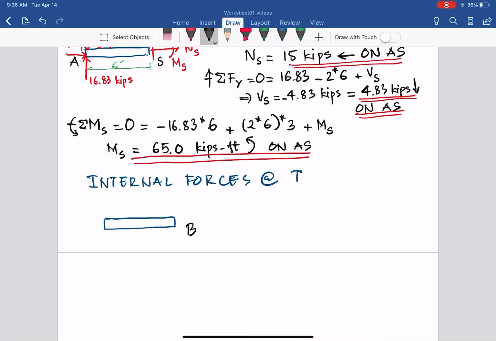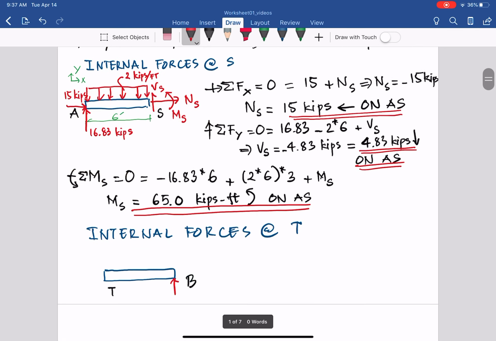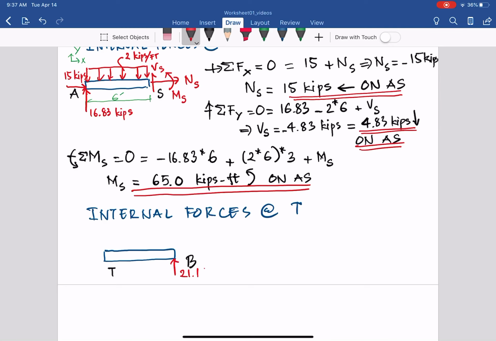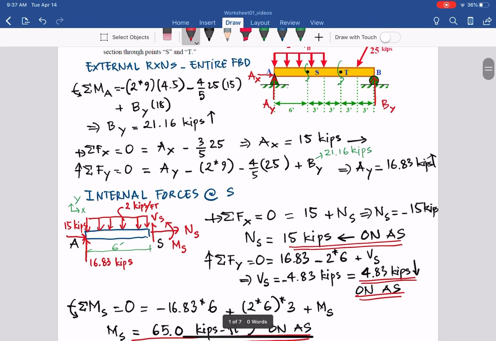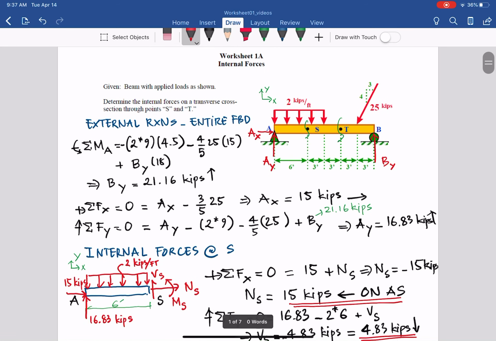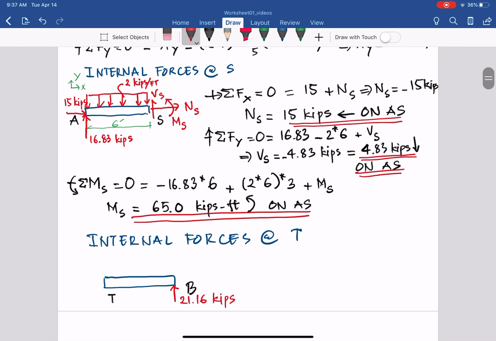You see B, and you see T, and at B we have a force B_y, 21.16 kips, and at 3 feet from B, so it's in the middle, we have a load 25 kips with the slope triangle 4, 3.